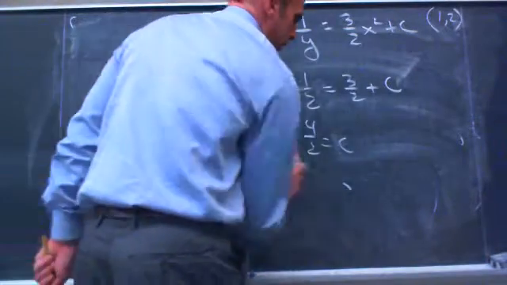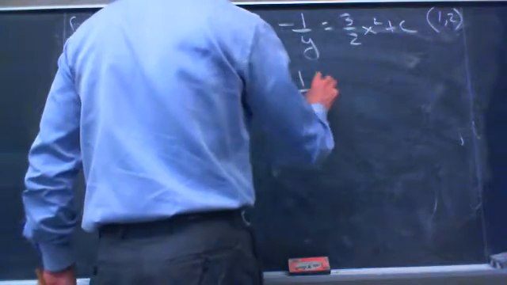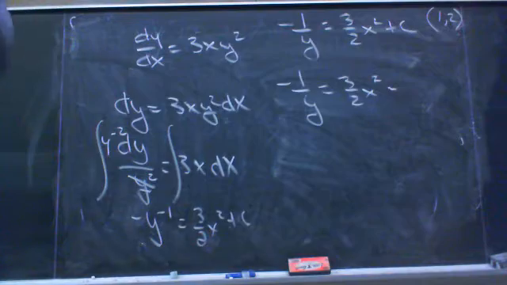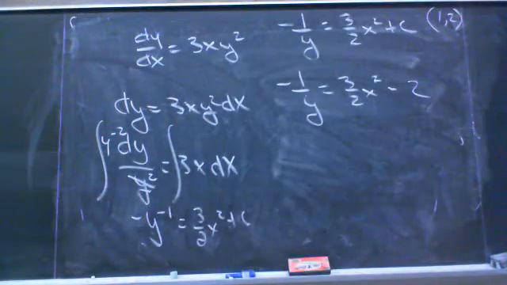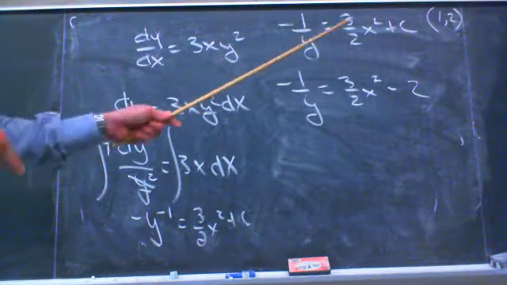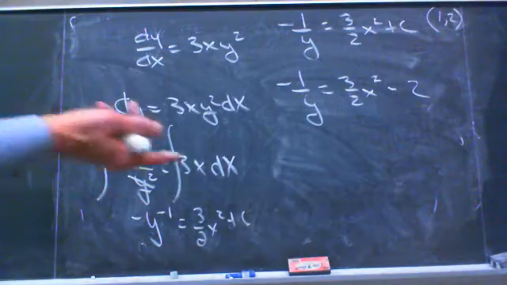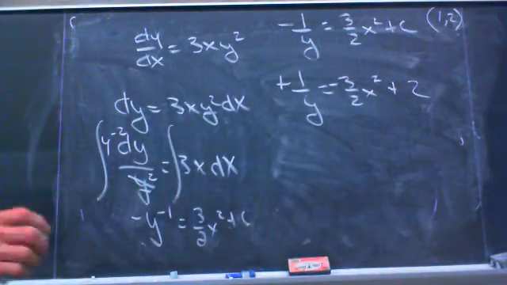Subtract the 3/2, get negative 4/2, and c is negative 2. Now the algebra can get a little tricky here once c becomes negative 2. So negative 1 over y equals 3/2 x squared, what did I say? Minus 2, because that's negative 4/2 when y is 2. So negative 2 is c. Then I would divide out the negative by changing all signs to their opposites.